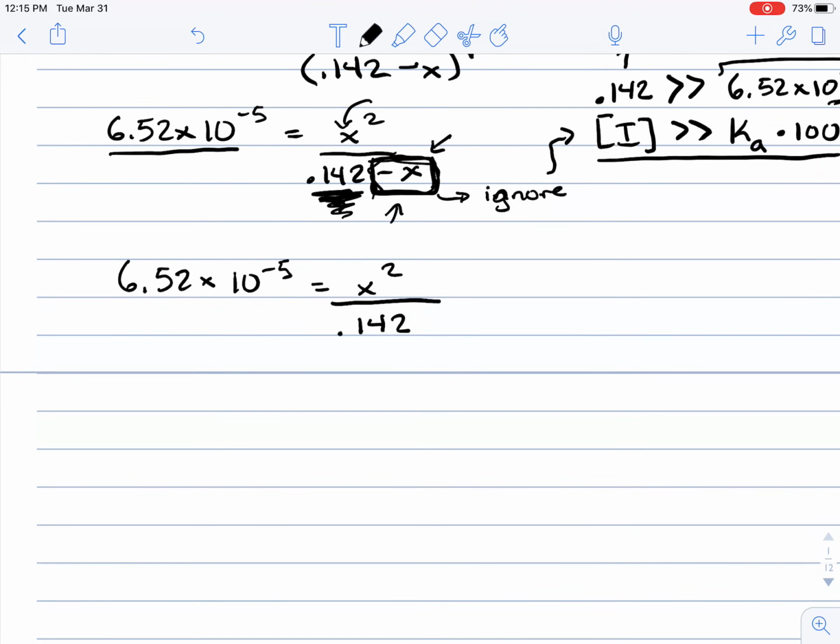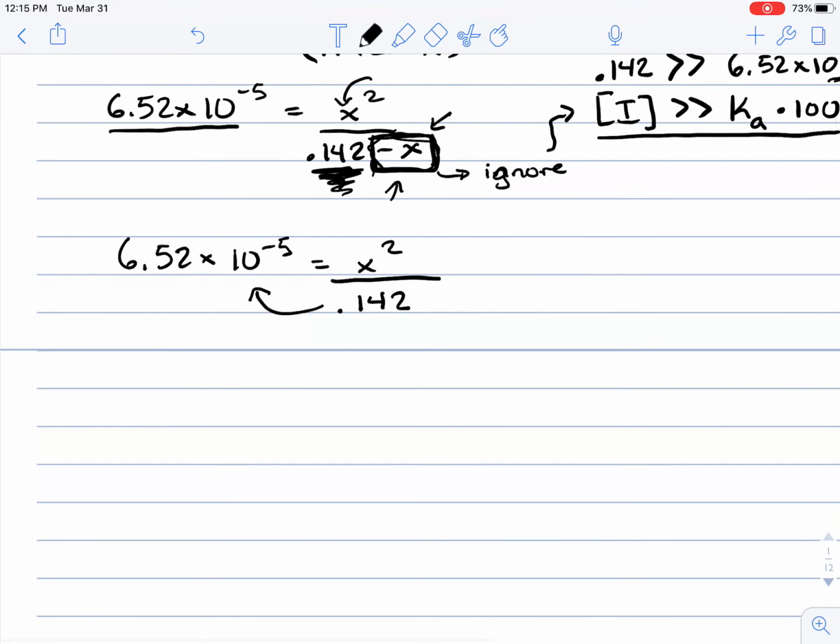All we're going to do is multiply 0.142 to the other side. So this is going to be 6.52 times 10 to the negative 5, in parentheses, times 0.142, which equals x squared.